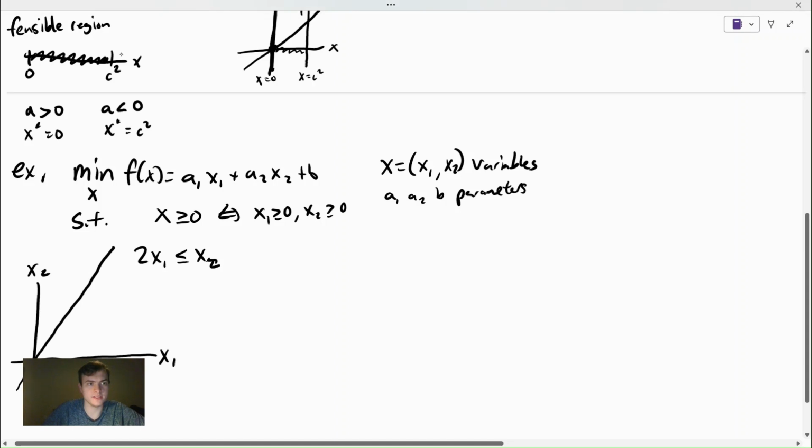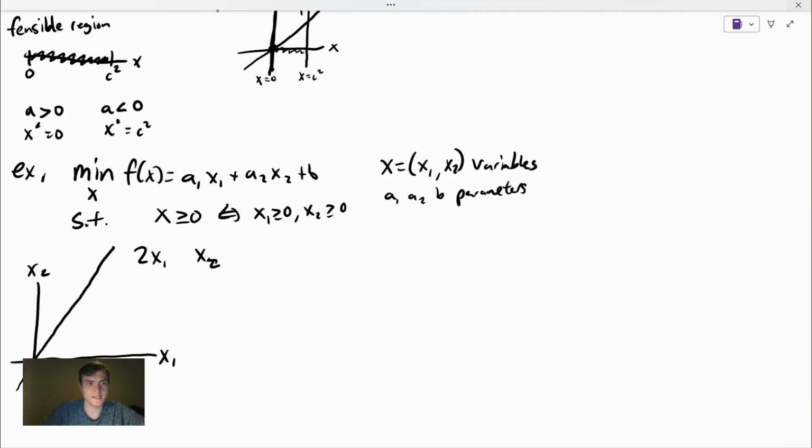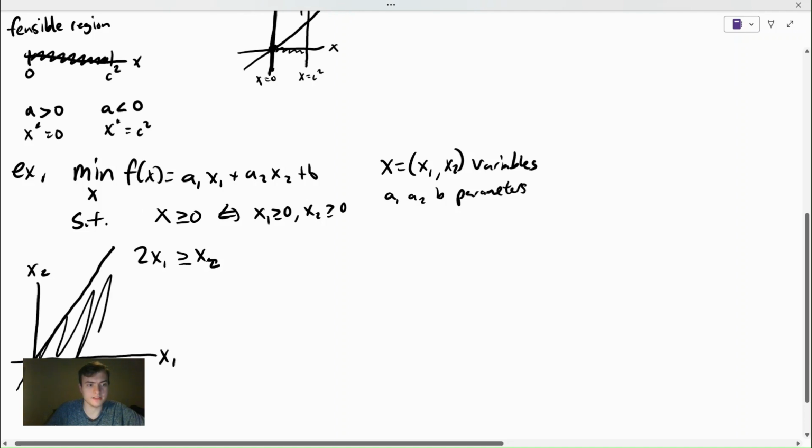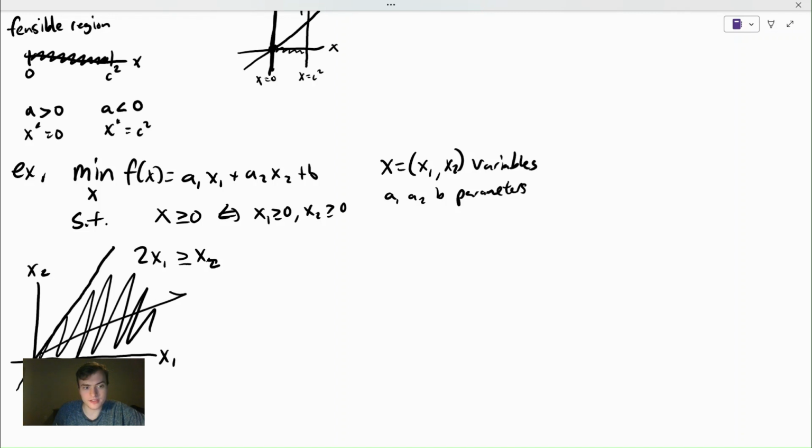Maybe to make it a little easier visually, let's switch the sign. So now we're talking about this region. And this goes on forever. It's an unbounded feasible region. So if a1 greater than 0 and a2 greater than 0, again, our solution x star is 0, 0.